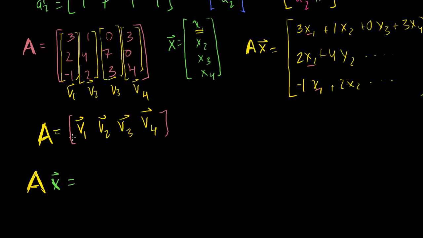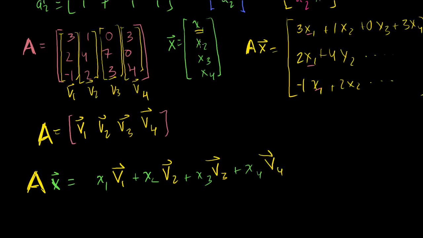as being equal to the scalar x1 times the vector v1 plus the scalar x2 times the vector v2 plus x3 times the vector v3 plus the scalar x4 times the vector v4.